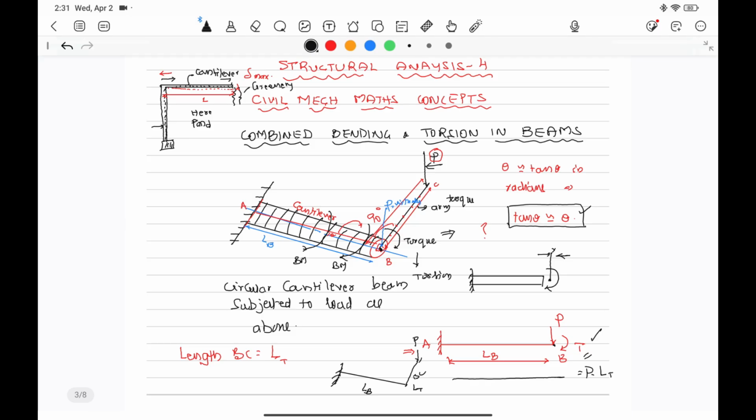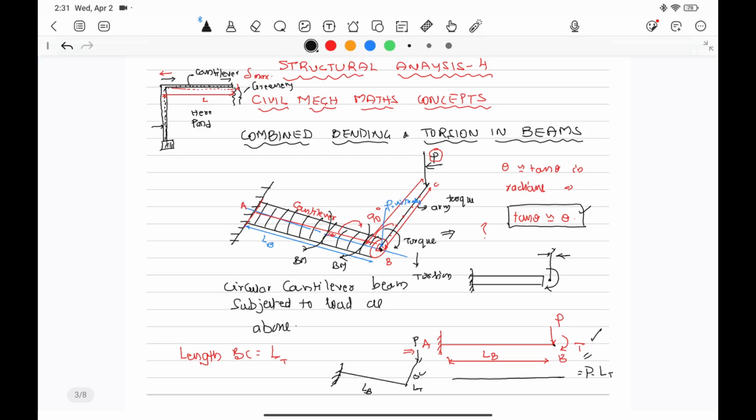A load acts on the cantilever, and if a perpendicular lever arm is also provided, then there will be a bending moment also, and there will be vibration of the cantilever also.